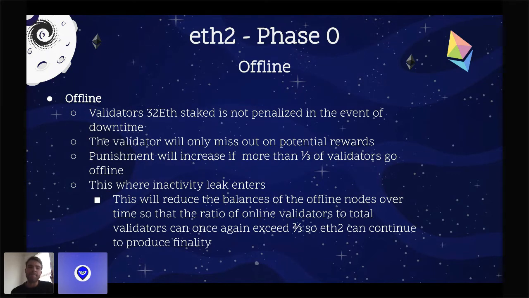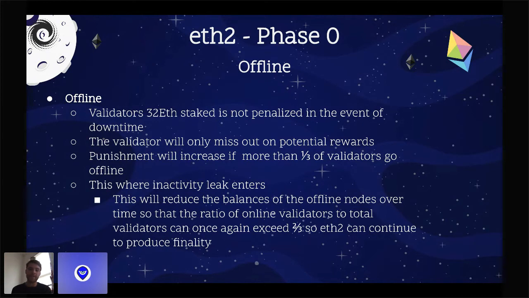However, the punishment will increase if more than 1/3 of validators go offline, and this is where the term inactivity leak enters. The way that the system rebalances itself is that it will reduce the balance of the offline nodes over time, so that the ratio of online validators to total validators can once again exceed 2/3.